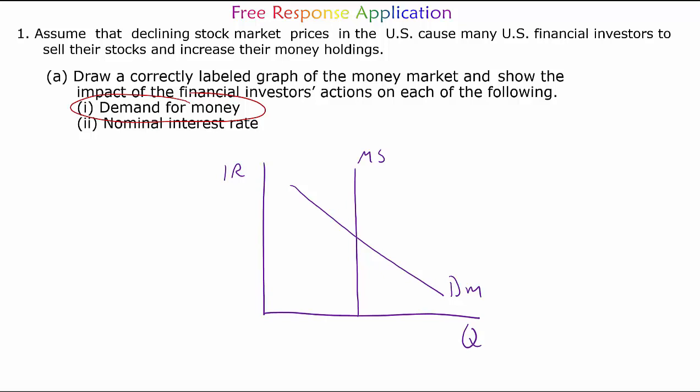But if I'm selling the stock, then I'm demanding more money as an asset. So what this actually does is it causes the demand for money to increase, which means it shifts to the right. And then notice what that does to the equilibrium interest rate. It is increased. So the demand for money goes up, interest rates go up as a result of that.